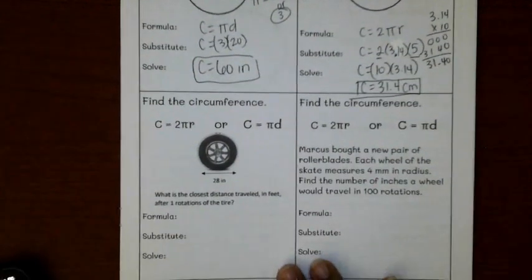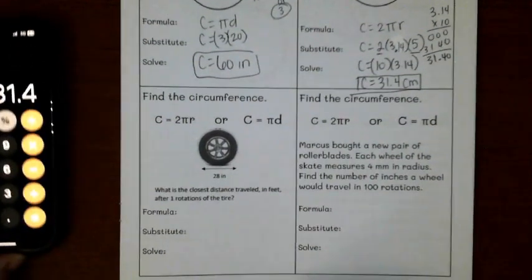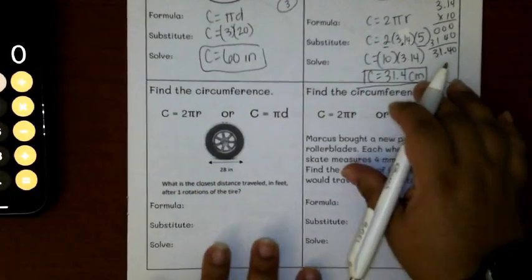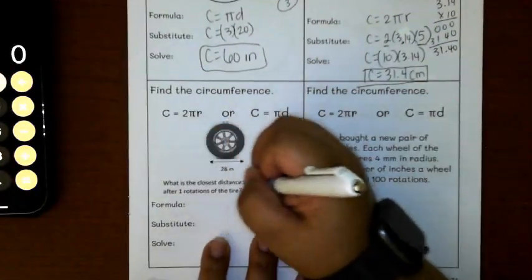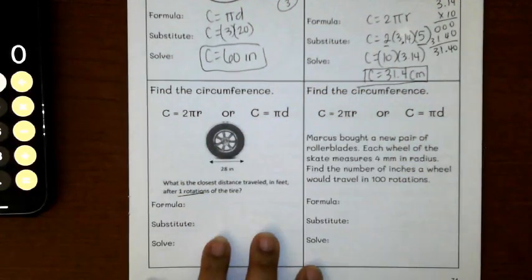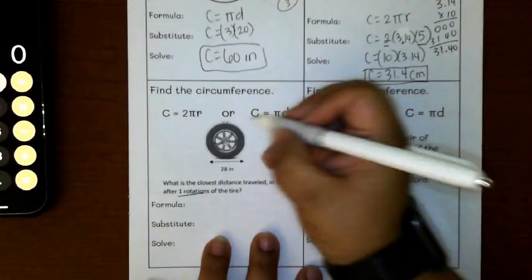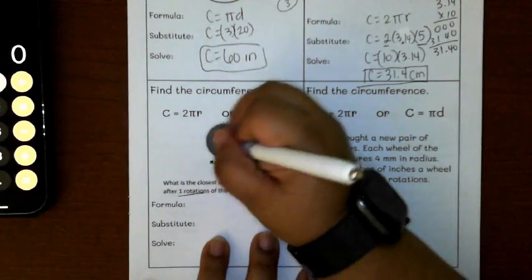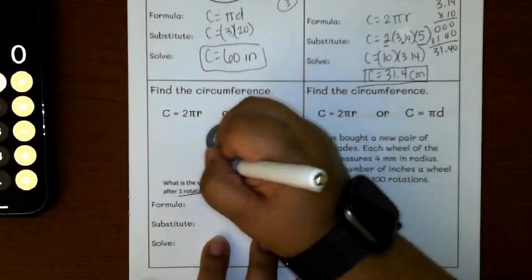number 3 and 4. So number 3 and 4, okay, is saying that the closest distance traveled in feet after 1 rotation. So here we just want 1 time. So all we're doing is finding the circumference that the tire is for 1 round. Okay, so it gives us the diameter. It says it right here. It's not going through the actual circle, but that means it's going from edge to edge.